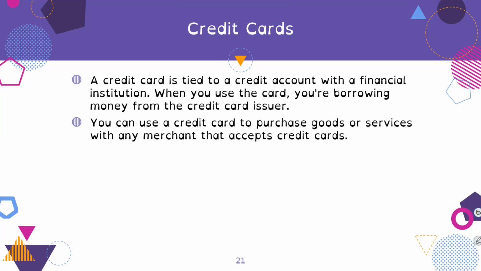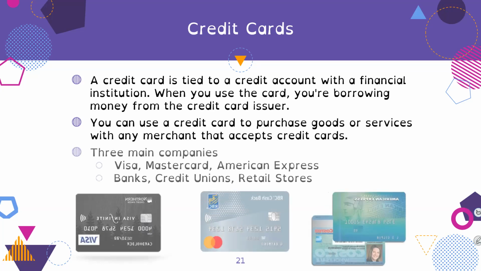You can use a credit card to purchase goods or services with any merchant that accepts credit cards. So if you go into a store that has a poster or a sticker on the door that says it accepts Visa, MasterCard, American Express, which are the 3 common cards in Canada, then you can use a credit card there.